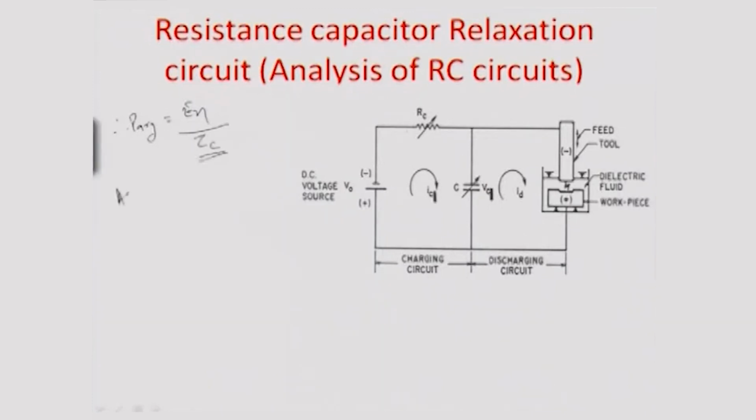So, if we assume that the total charging time is equal to Tc, power should be the total energy per unit time. So, charging time is Tc. So, E by Tc.